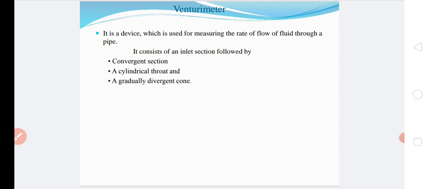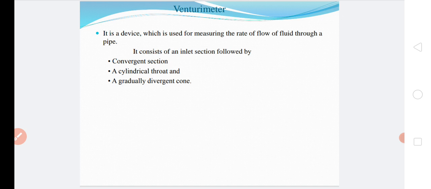The last portion, which is attached with the outlet section of the pipe, is called a divergent cone, which gradually diverges.